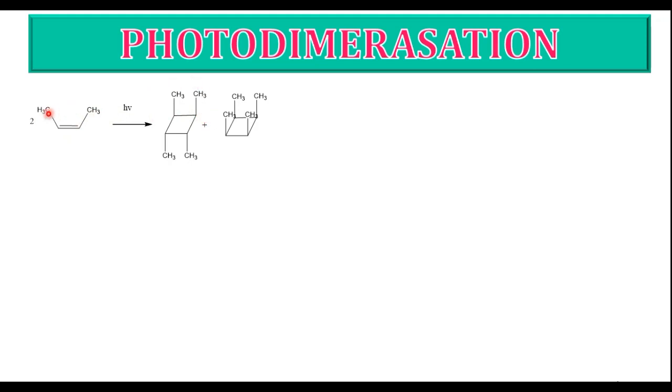You can observe the two CH3 groups are cis to each other. In the product also those two CH3s are cis. Here another molecule of 2-butene, yes, the two CH3s are cis. Here also you can observe the same thing.